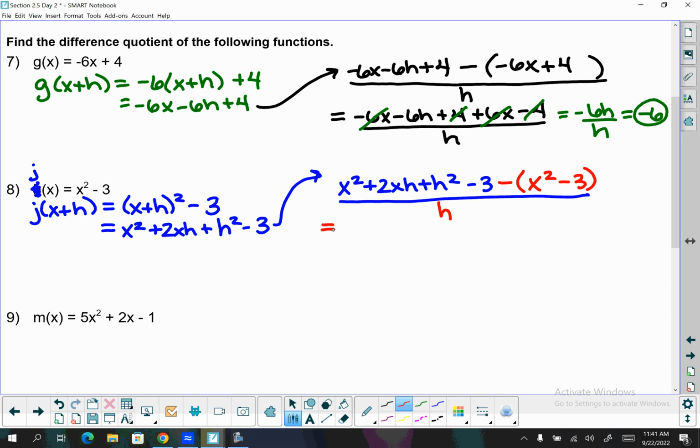And then we simplify. What's the first thing I should do to simplify? Distribute the negative. x squared plus 2xh plus h squared minus 3 minus x squared plus 3. It's going to change all those signs. Divided by h. Then what?